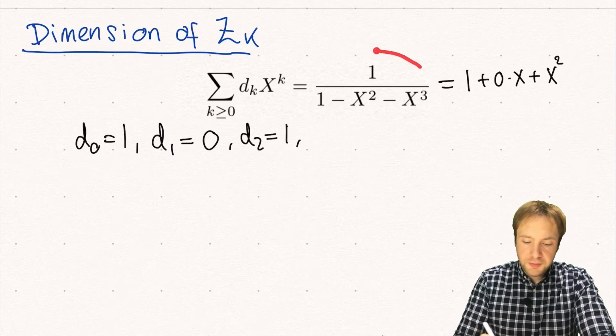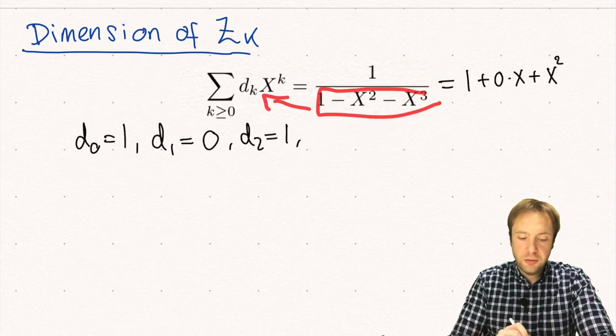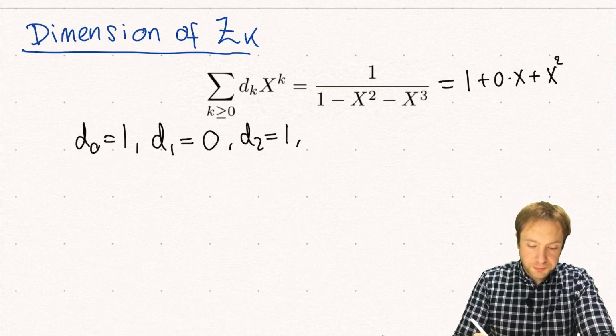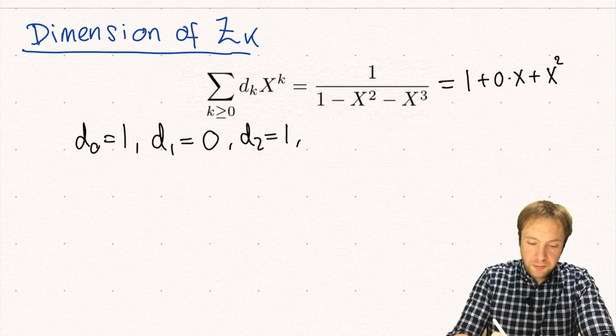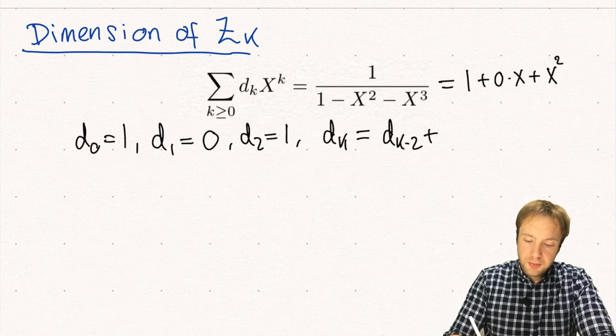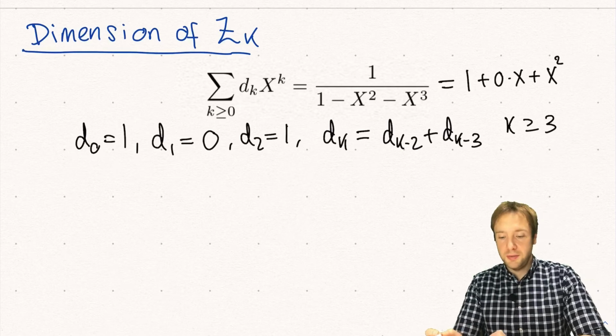Because this is given by this rational function, if you multiply this over here, you will see that these dk satisfy a recursion, which is given as follows: dk equals dk minus 2 plus dk minus 3, and this works when k is greater or equal to 3.